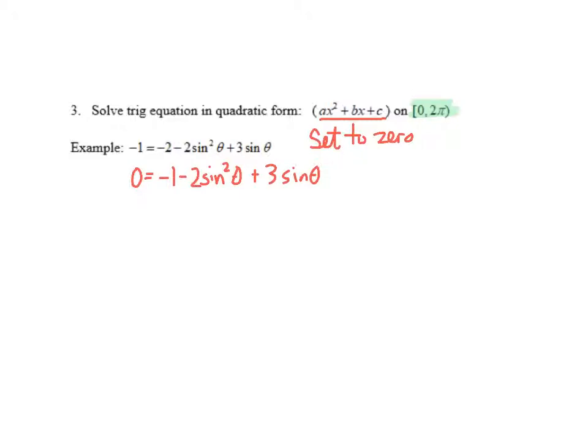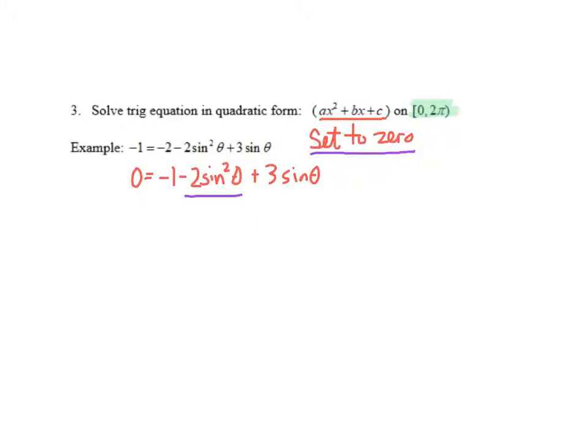Because we have sine squareds and sines, that's the clue that we need to set to 0 right in the beginning, and we're going to be factoring it. So what I've done so far that's already shown here is added 1 to both sides, so we have a 0. Now we have all this on the right, and we also have a negative 2 sine squared theta, which is very hard to factor, a quadratic that has a negative leading coefficient.